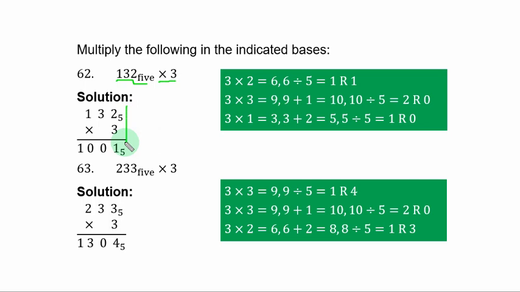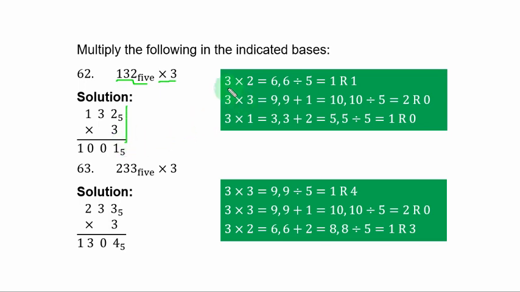You are multiplying in base 5, and you should note that in base 5 the highest digit is 4. No answer can exceed 4. Base 5 has 5 digits, from 0 to 4. So let us show how to multiply in base 5.